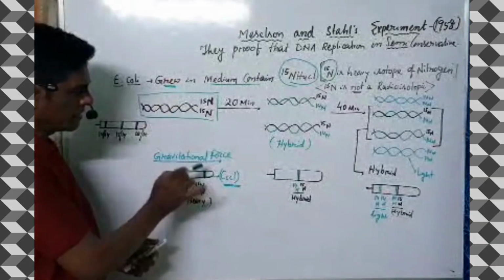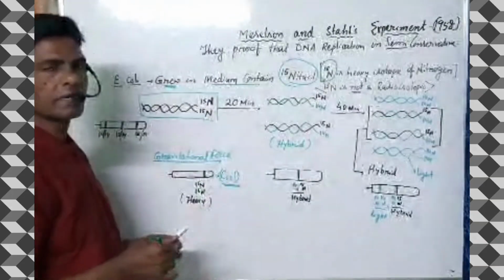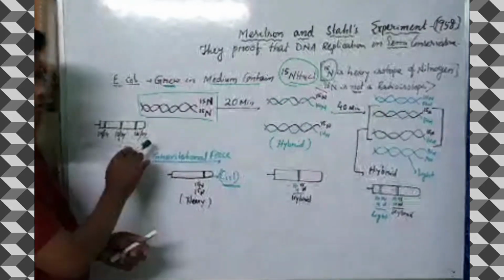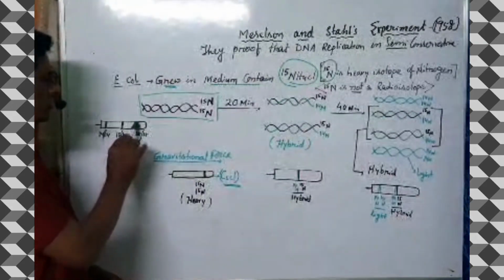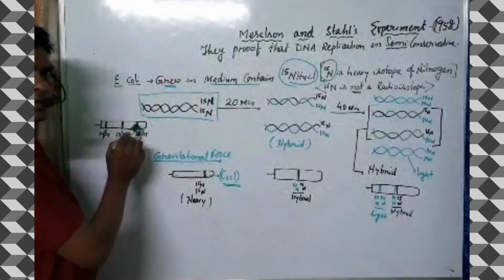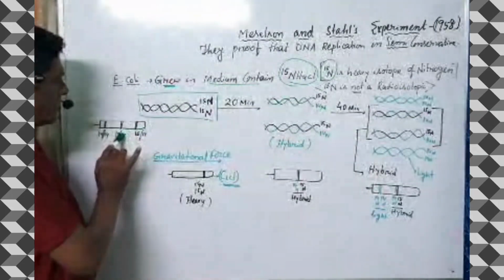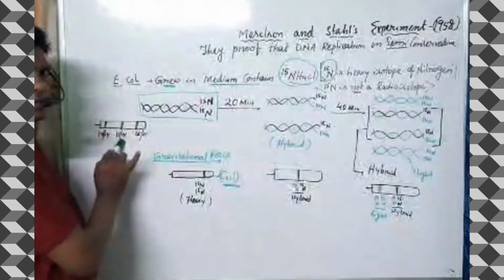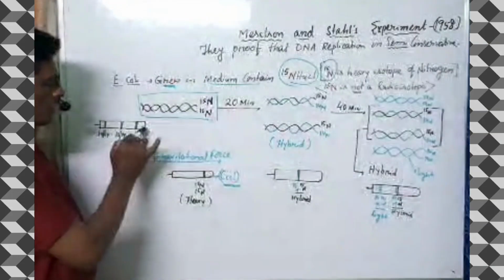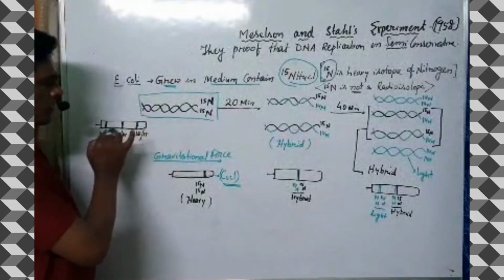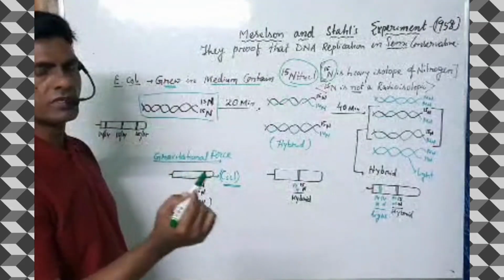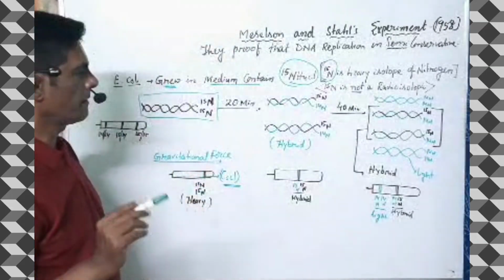So this line indicates the heavy isotope of nitrogen. In the cesium chloride, the heavy isotope DNA is at the bottom, hybrids, 15-14, are in the middle, and lights, 14-14, are at the top. So according to the centrifugal force, they can separate the DNA into three stages: heavy, hybrid, and light.